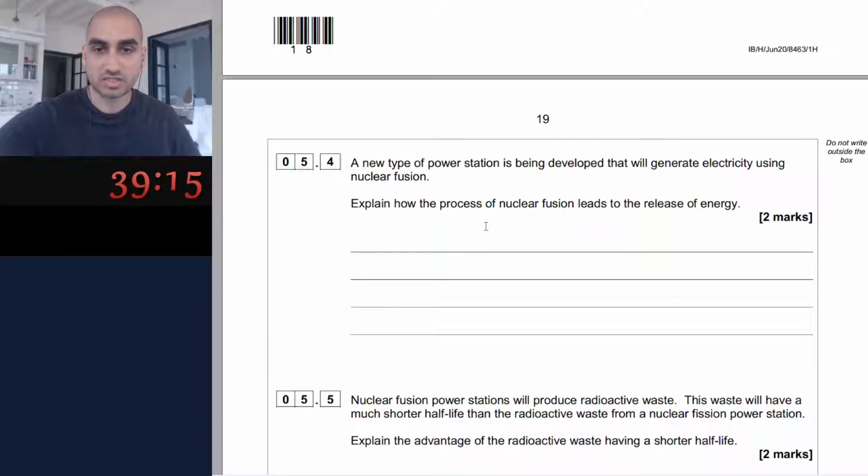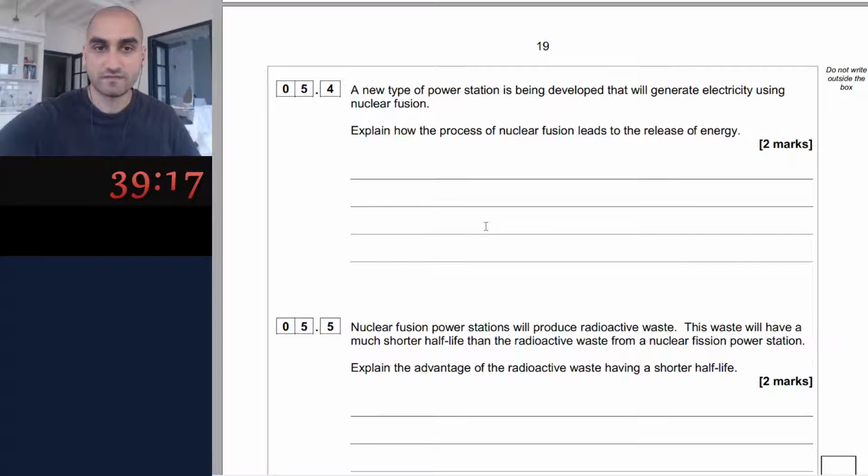A new type of power station is being developed that will generate electricity using nuclear fusion. Oh no, not fusion. I know even less about fusion because I don't think that is used in Factorio.